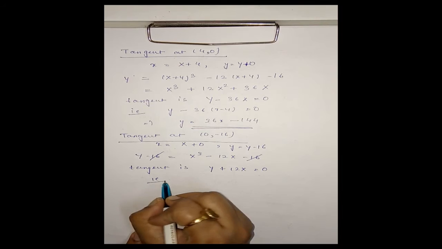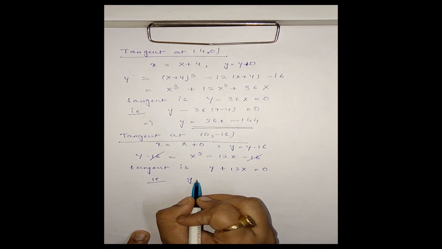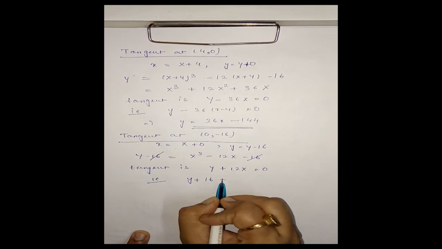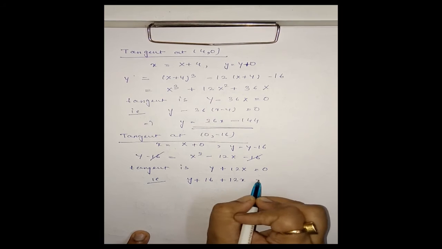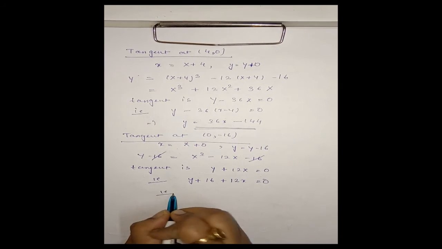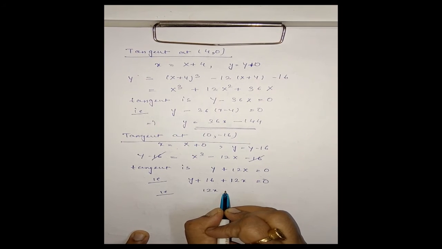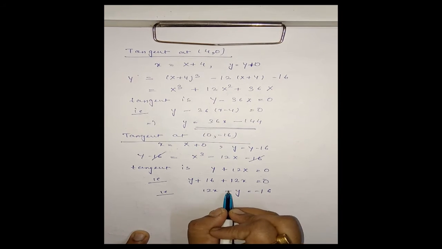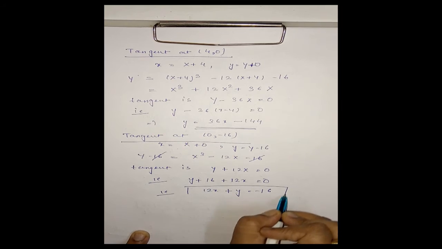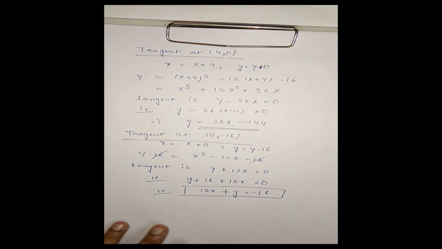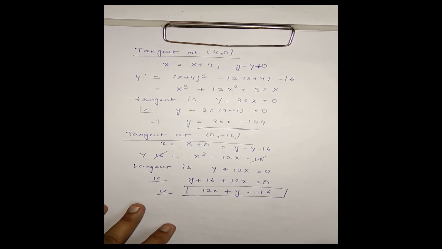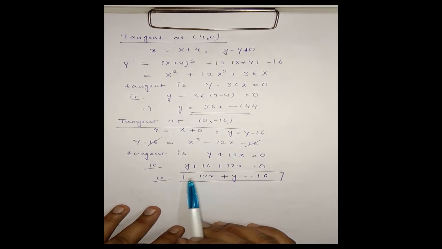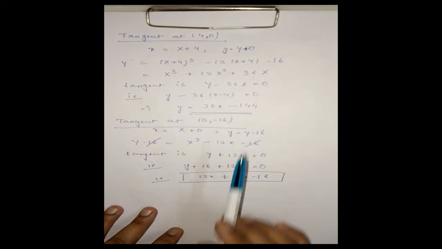That is, y plus 16 plus 12x is equal to 0. This is the equation of the tangent at the point 0, minus 16.